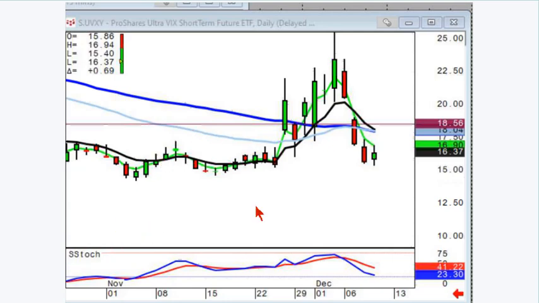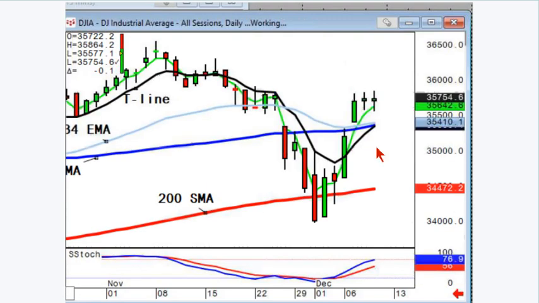The 34 EMA is the gray line, yes. You do have a doji potential setup, but again, that'll be a function of seeing what the pre-market futures are showing on the open tomorrow.